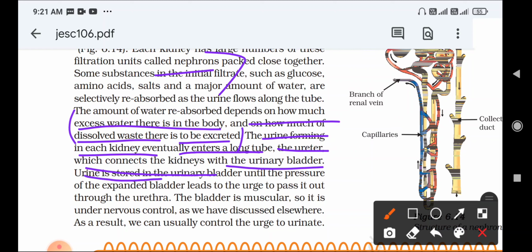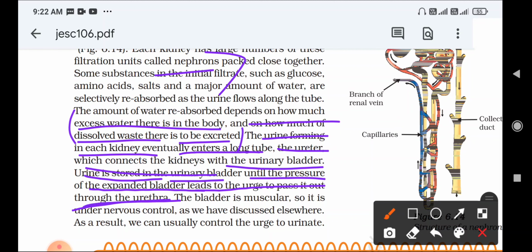Urine is stored in the urinary bladder until the pressure of the expanded bladder leads to the urge to pass it out through the urethra. So when the urge comes, it passes through the urethra.